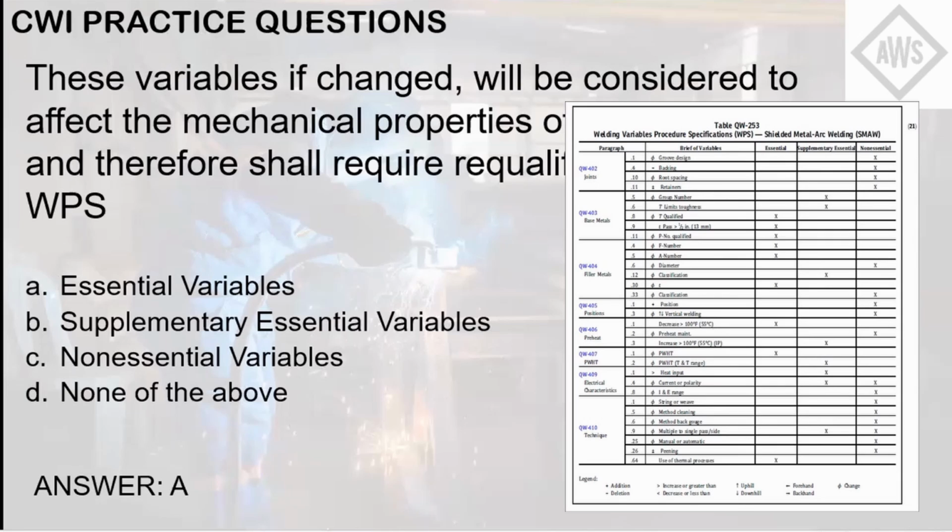Another thing to remember is that you need to address essential variables in the document, for example when the WPS is reviewed by the client or by another entity, so as to prevent the back and forth review of those documents between the other entity or the client you are serving.